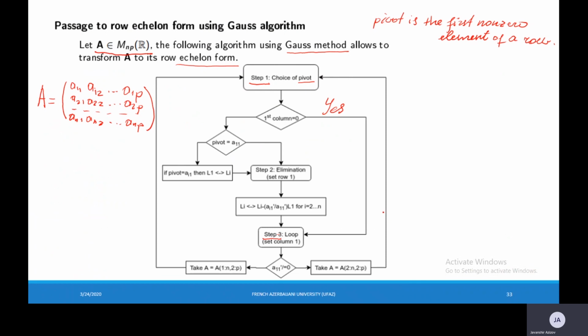Our matrix will be this one: 0, A12, A1p, 0, A22, A2p, 0, An2, Anp. All of the elements in the first column will be zeros.